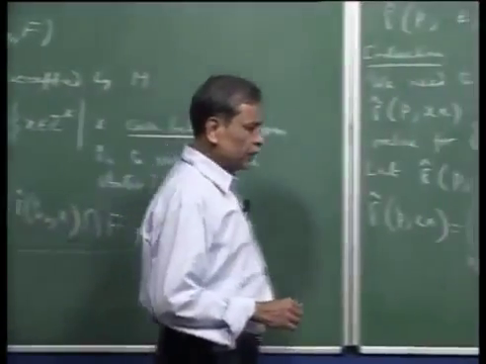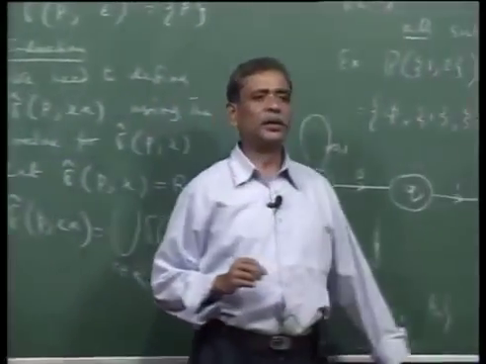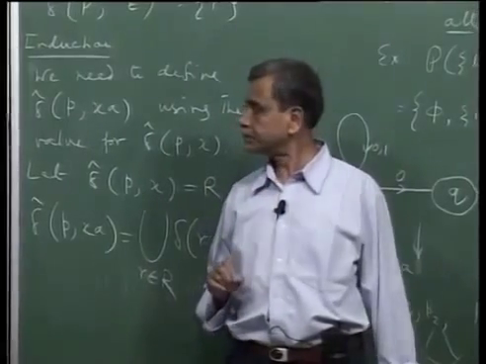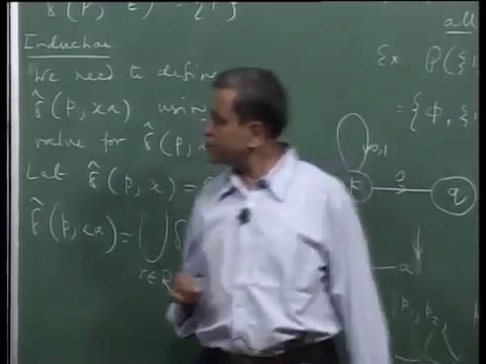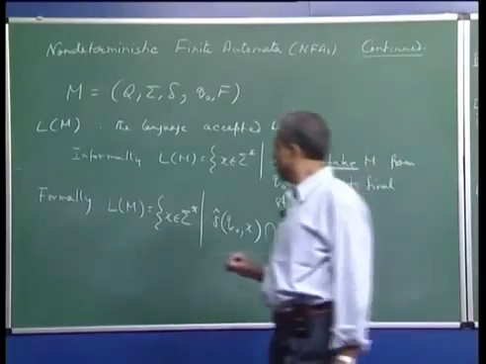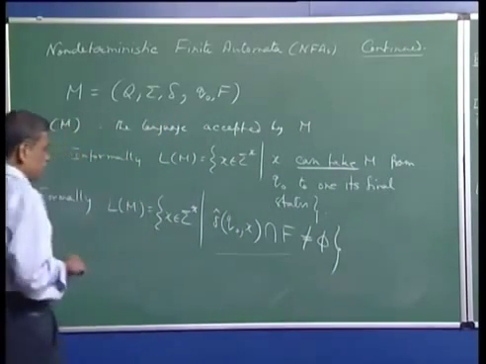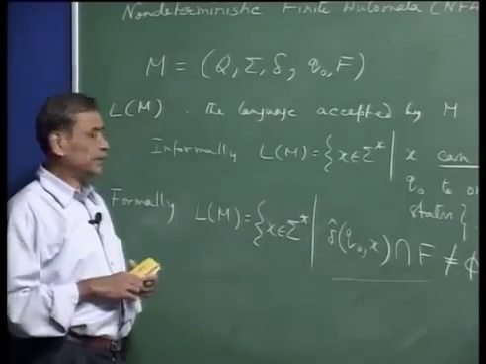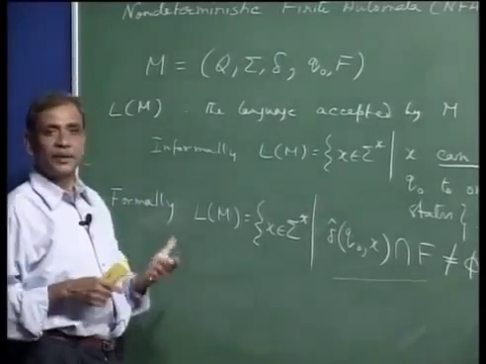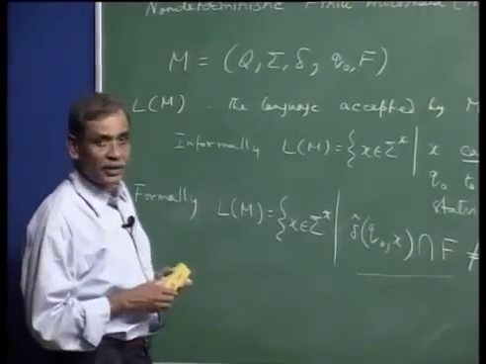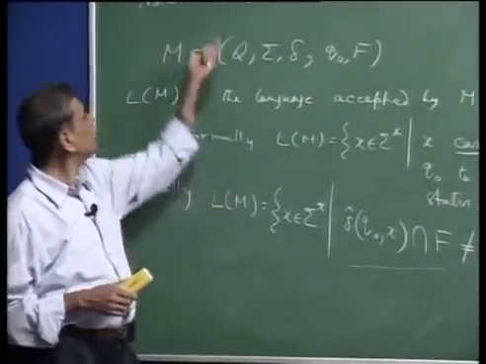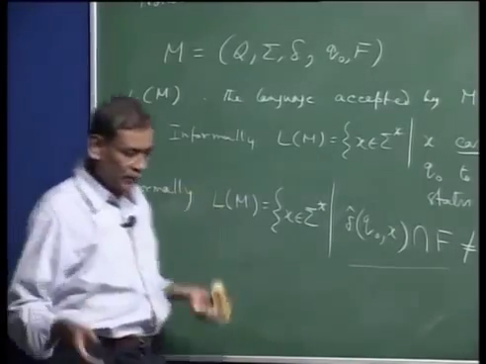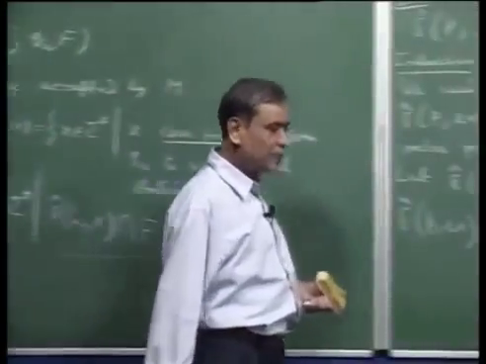Now, there is one very important question that we need to address. We had defined DFAs and we had then talked of the class of languages accepted by DFAs, and now we have defined NFAs, and again we can talk of the class of languages defined by NFAs.